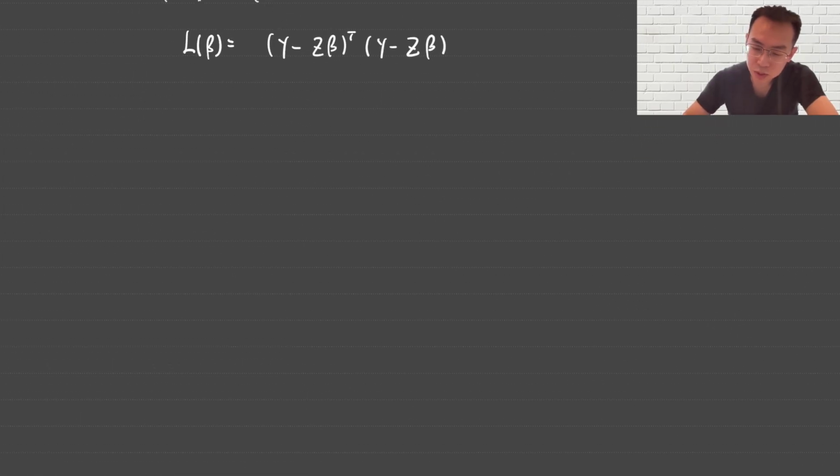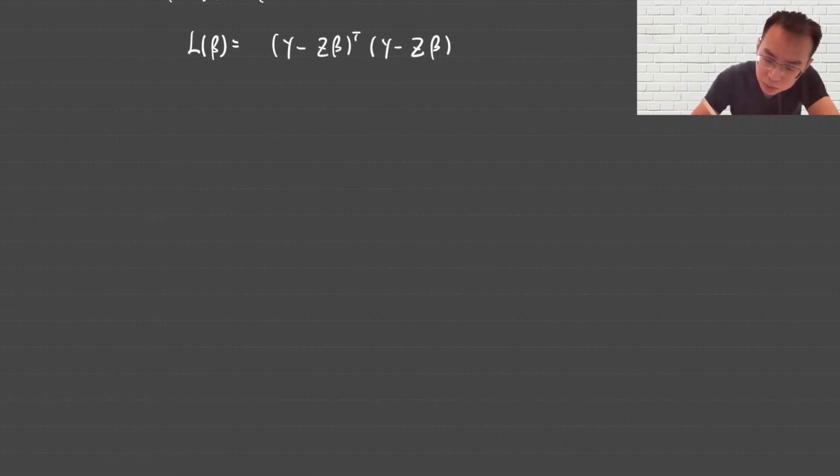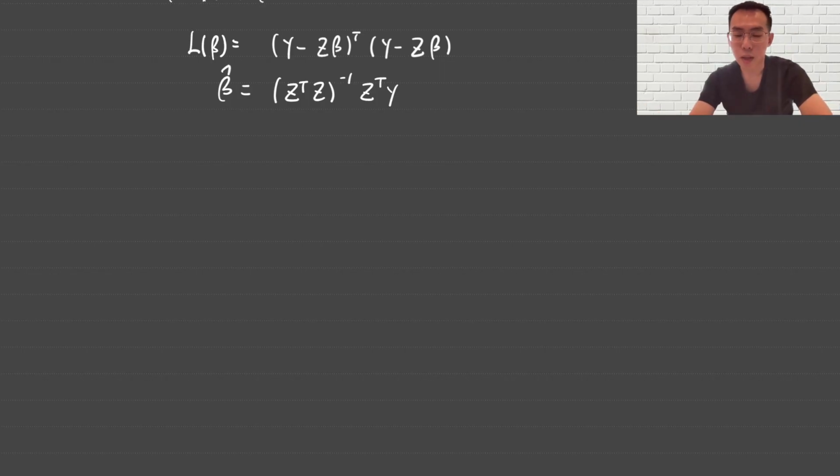And we can just directly write out the solution of beta hat without doing the same derivation. So beta hat is Z transpose Z inverse Z transpose y. So this is what happens, right? We just solve this nonlinear problem with linear regression. And how did that even happen?